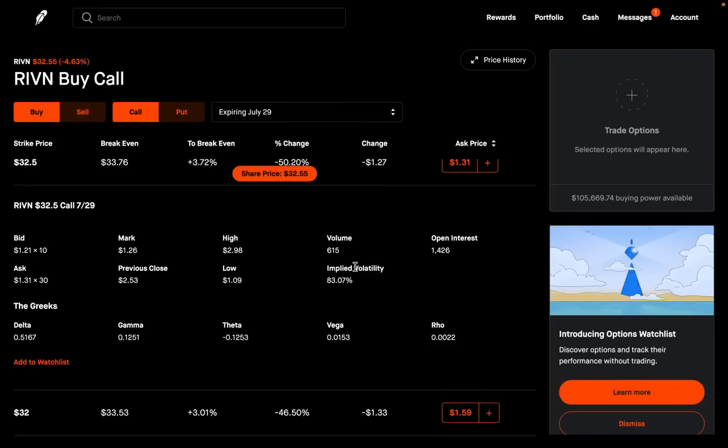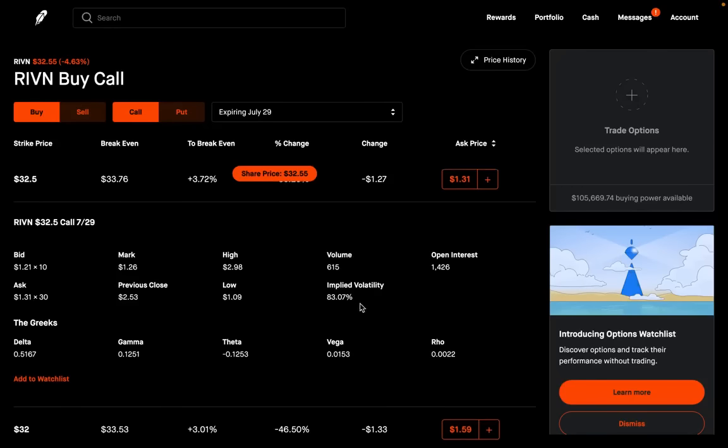Again, this is one of the most important factors that affect the value of an option, because a drop in implied volatility will cause both calls and puts to lose value, sometimes a lot of value. However, an increase in implied volatility will cause both calls and puts to gain value. So let's take a look here at the way this works. So basically, for every 1% increase or decrease in implied volatility, the value of this option will increase or decrease by whatever Vega is.